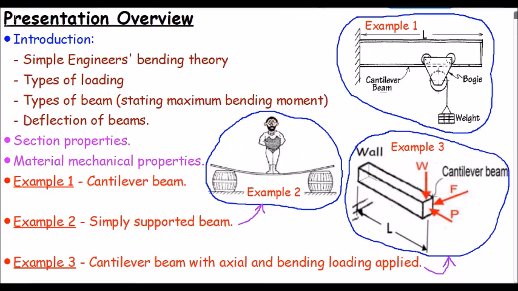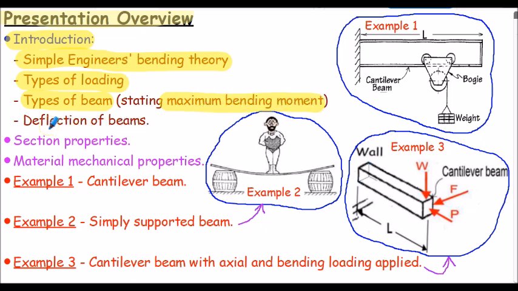Here's a presentation overview. We commence with a brief introduction that contains extracts from previous presentations, and these include a review of simple engineer's bending theory, types of loading applied to beams, types of beam, including formulae for calculating the maximum bending moment, and also deflections of various types of beams.